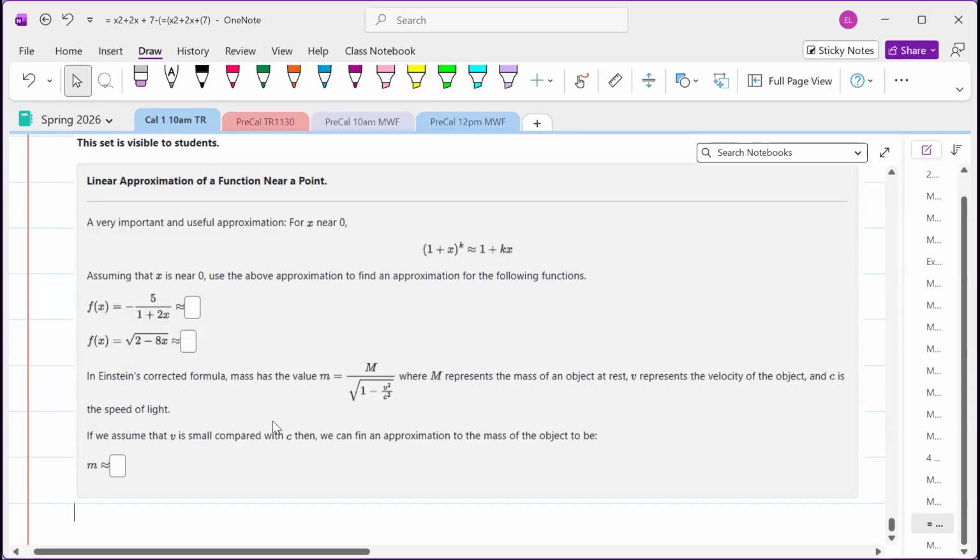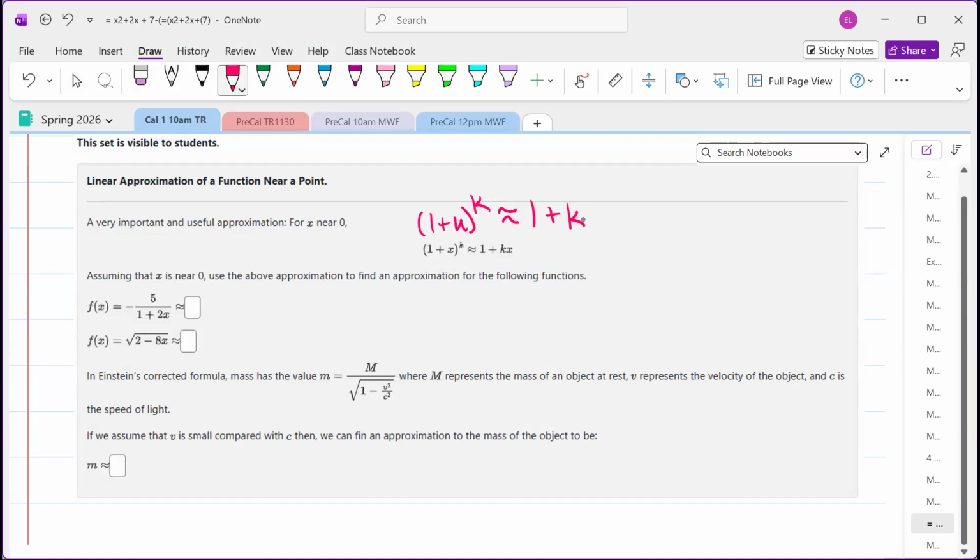All right. So they're saying if I can write something as, I'm going to rewrite this a little, 1 plus ugly to the k, then this is approximately the same as 1 plus k times ugly.